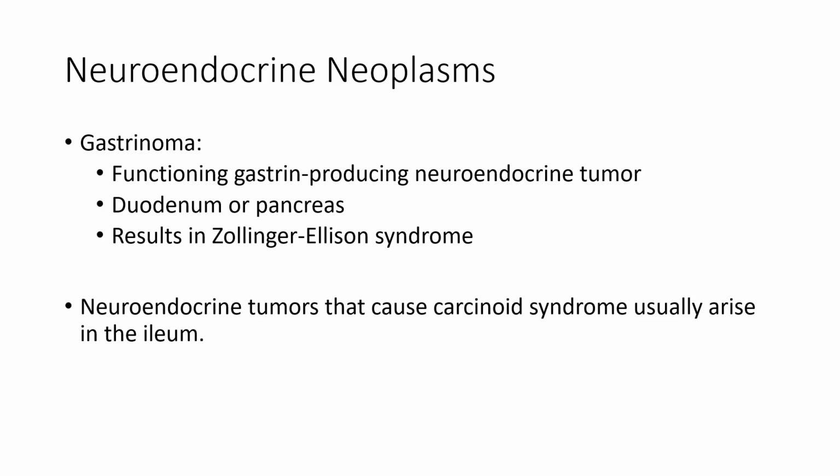The pancreas gives rise to the greatest variety of functioning neuroendocrine tumors. An example of a functioning neuroendocrine tumor is a gastrinoma, which produces gastrin, and it results in Zollinger-Ellison syndrome. These tumors usually occur in the duodenum or pancreas. Functioning neuroendocrine tumors can also cause carcinoid syndrome, and these tumors usually arise in the ileum.